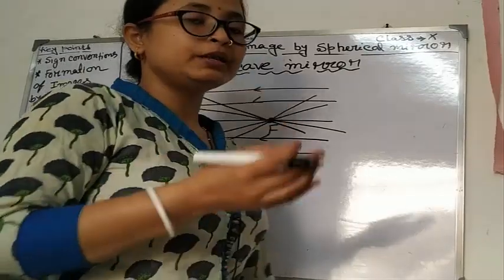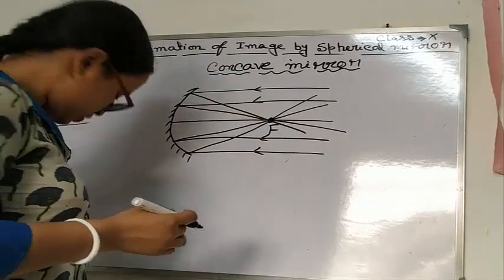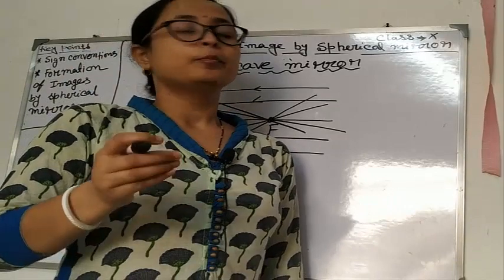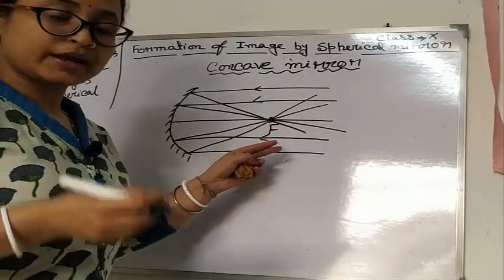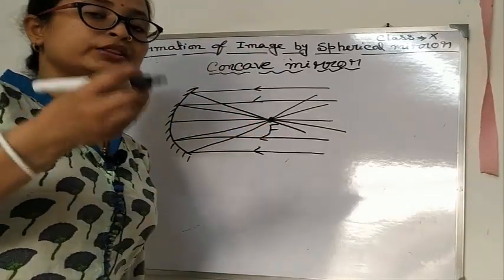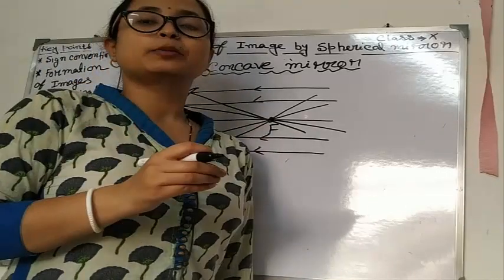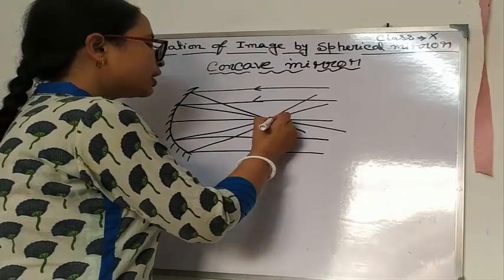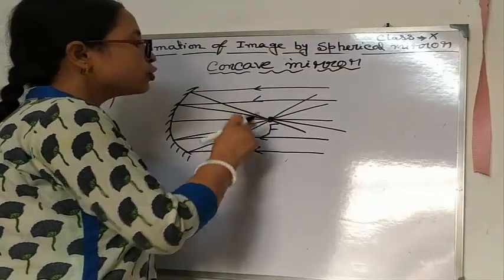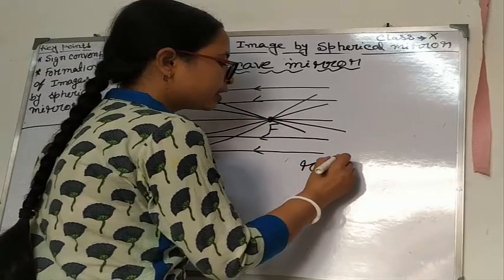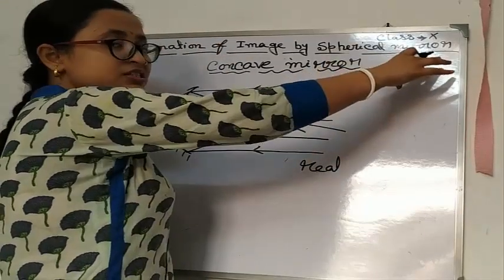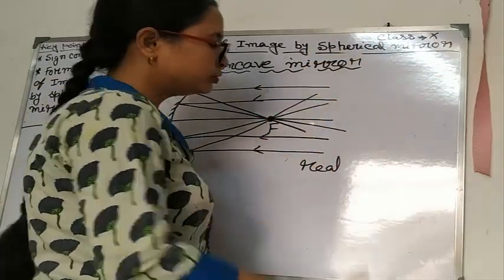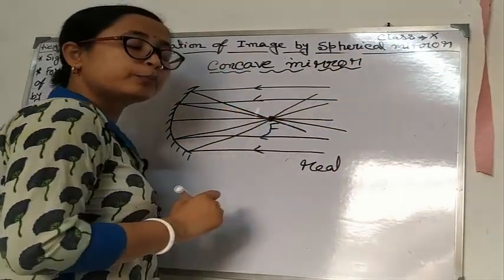Now can you tell me what is the nature of the image? We already learned in class 8 that whenever the image is formed by the convergence of light, what is the meaning of convergence of light? When the reflected rays actually meet at a point, then it will form a real image. So here all the light rays meet at a point, so it will form a real image. And infinity means the object size is very big, but the image is a point here.